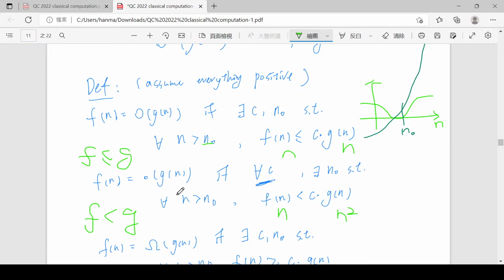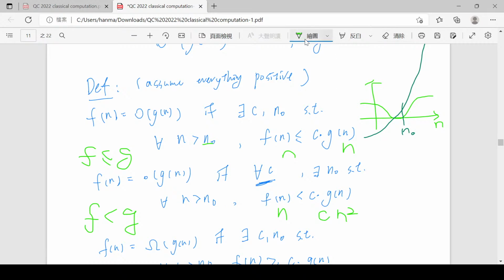And then you see this n naught will depend on c. So say you have some c here, then you want c n squared bigger than n, then you will want n naught also equal to c. Right? So did I have this correct? I think it's 1 over c.